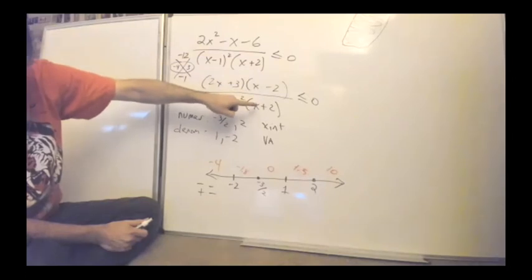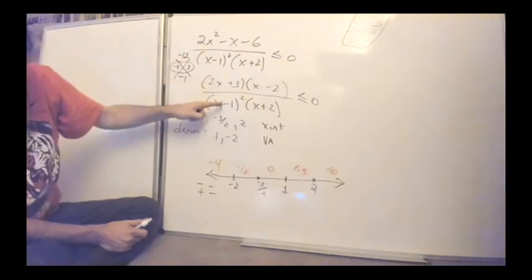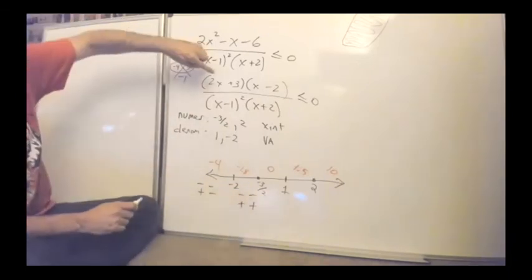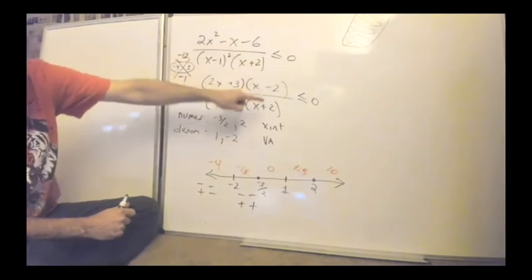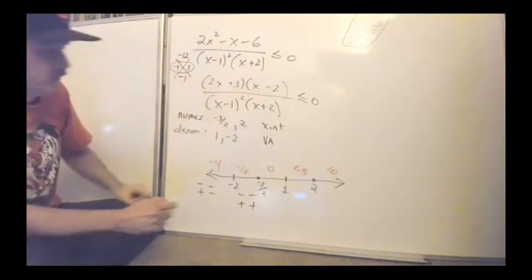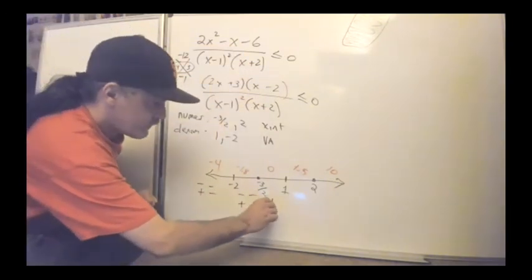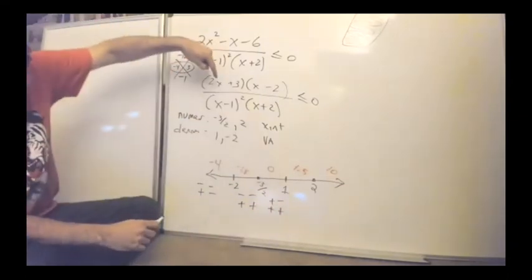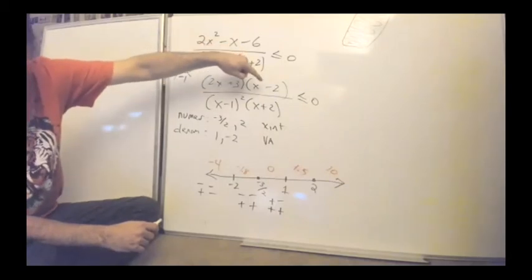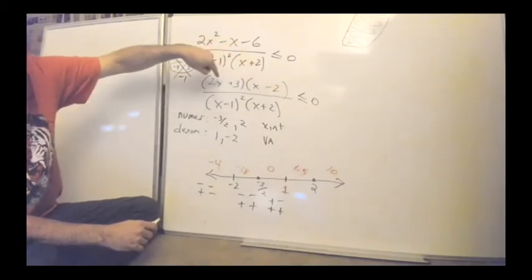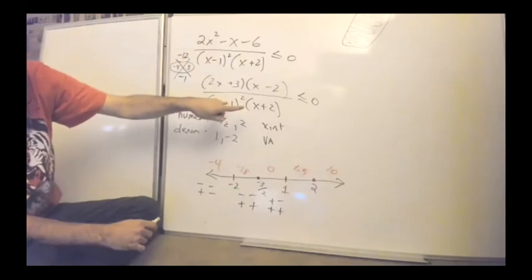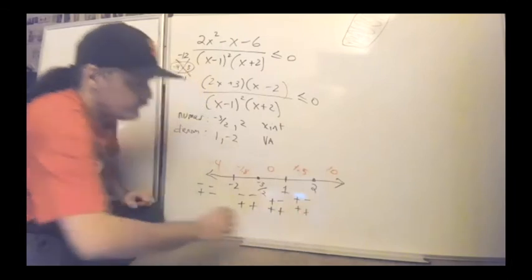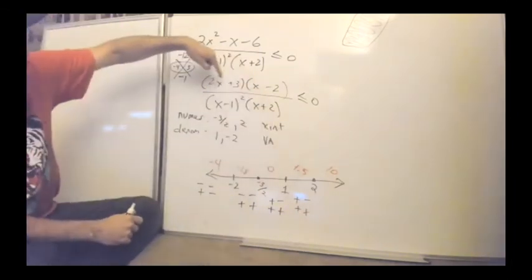This one now becomes positive, and that's always positive. So negative, negative, positive, positive. At 0, you're going to get a positive, a negative, and then two positives on the bottom. In between 1 and 2, at 1.5, you get positive, negative, and then two positives on the bottom. And when you put 10 in, they're all positive.